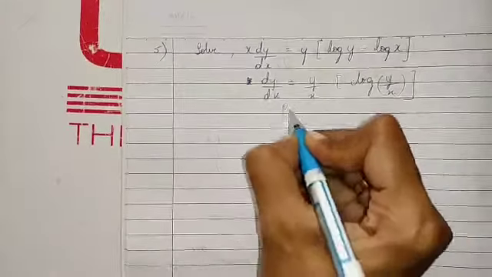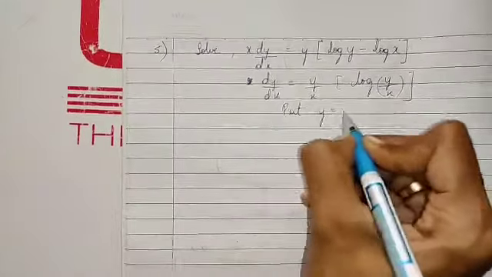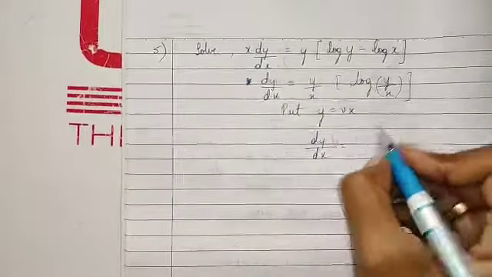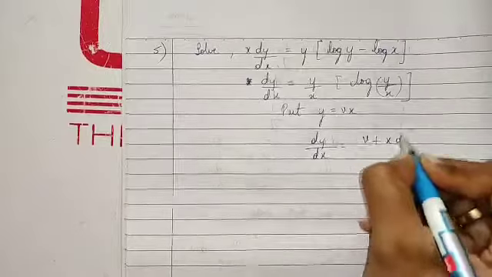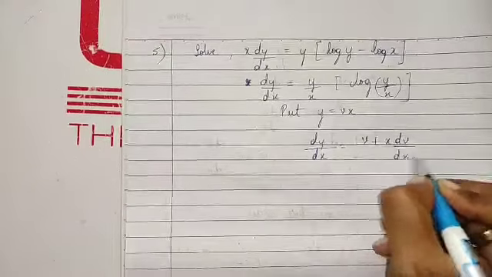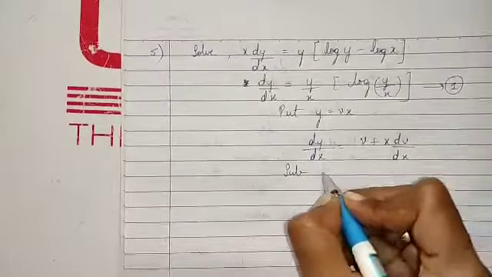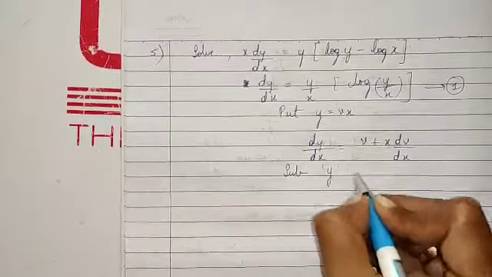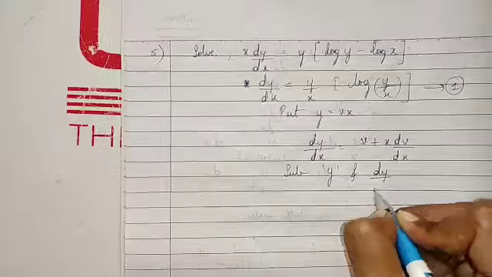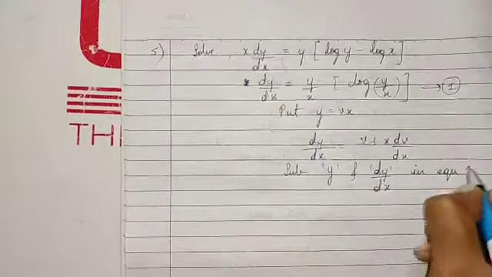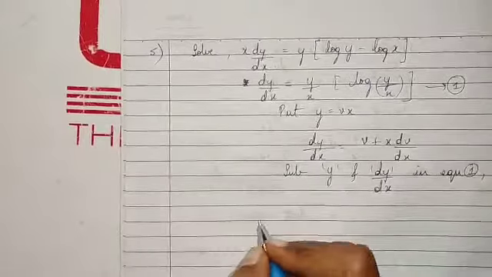So we can put y is equal to vx, dy by dx is equal to v plus x into dv by dx, substituting, if I take this as equation 1, substituting y and dy by dx as in equation 1, what do I get?